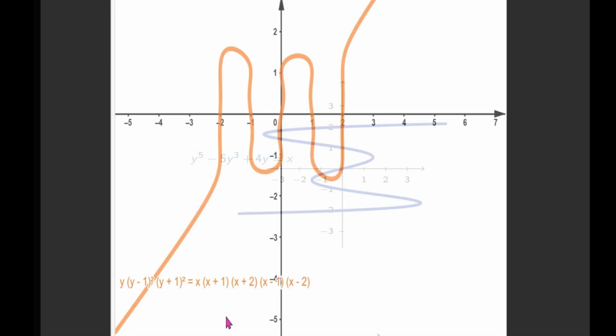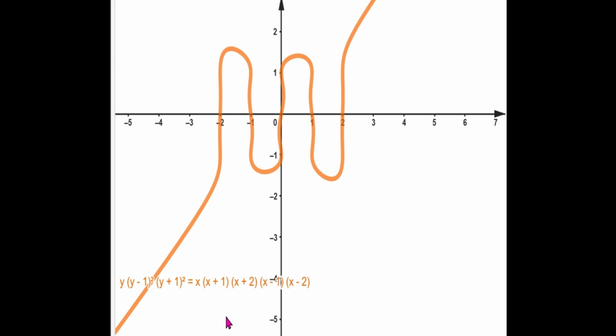Finally, there are situations in which we cannot explicitly solve for either variable. For example, here, the implicit equation is y times quantity y minus 1 to the power 2 times quantity y plus 1 to the power 2 equal to x times quantity x plus 1 times quantity x plus 2 times quantity x minus 1 times quantity x minus 2.